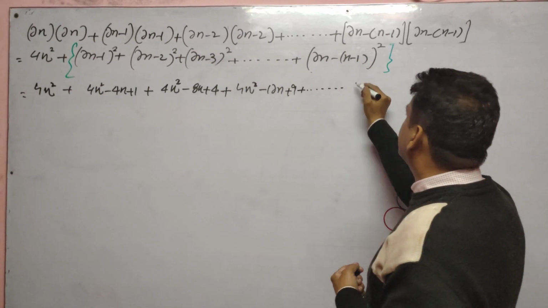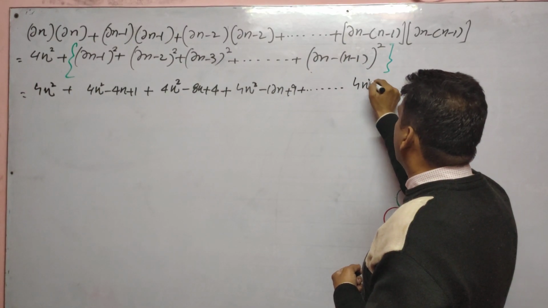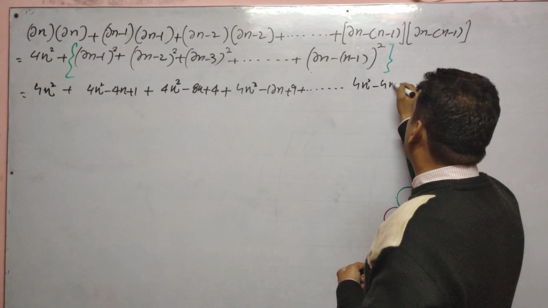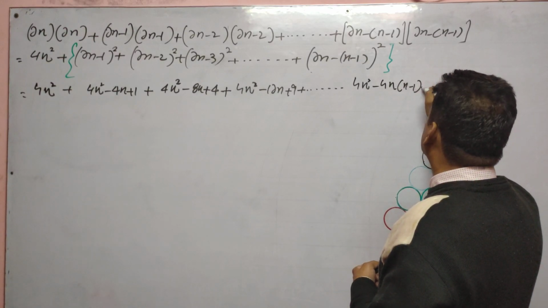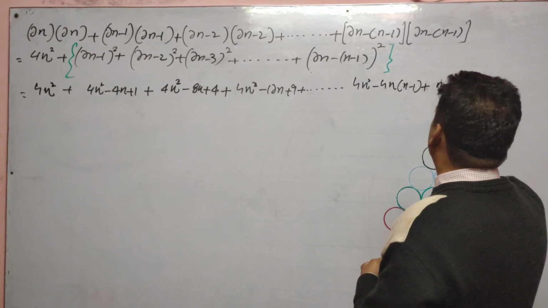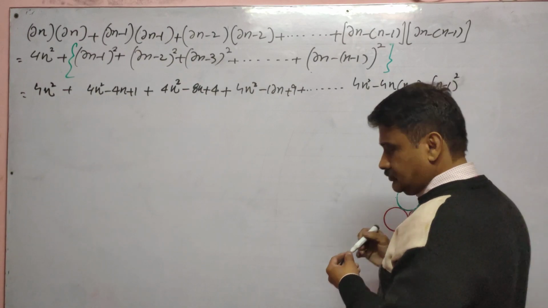In the last we write 4n square minus 4n times (n minus 1) plus (n minus 1) whole square.